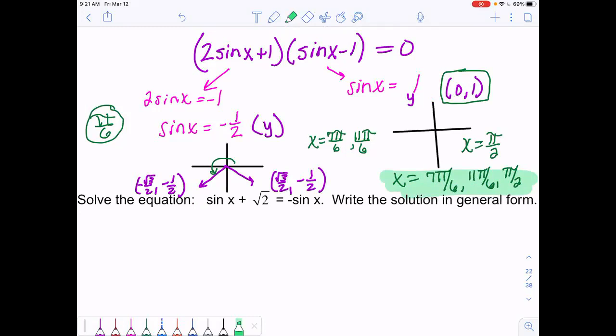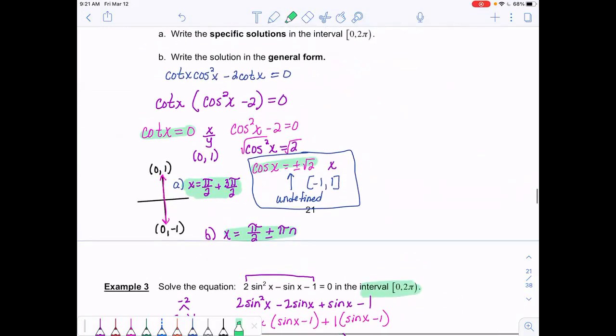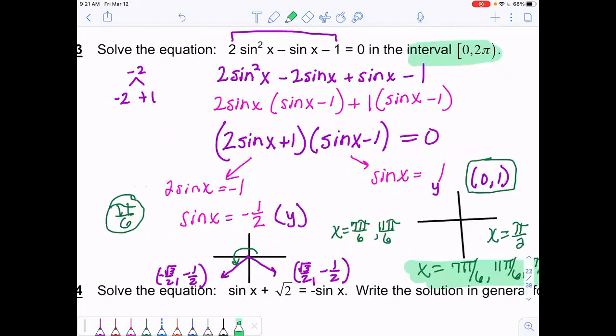Each and every one. Questions? So the first equation, we just got sine by itself. The second equation, we had to set it equal to 0, and then we factored and solved for each factor. This one was equal to 0, so we could just factor it using AC grouping.